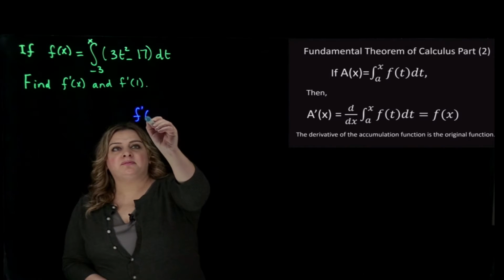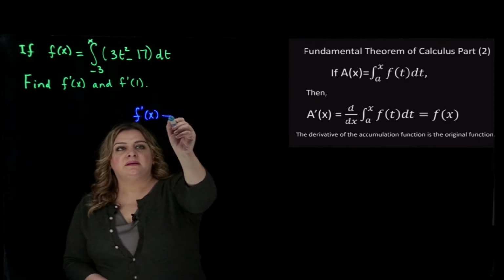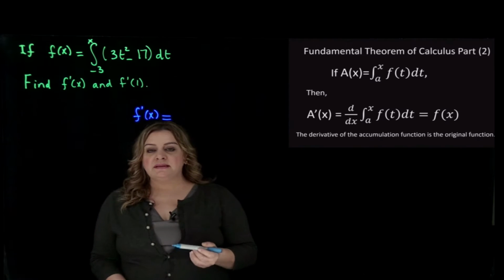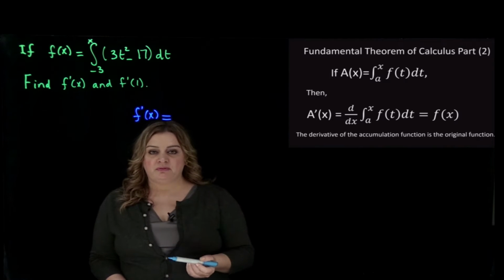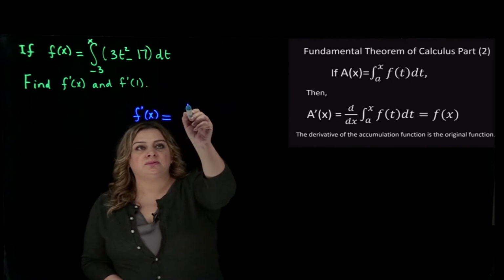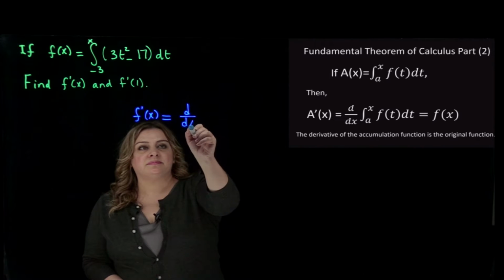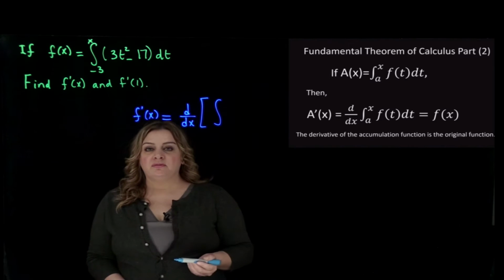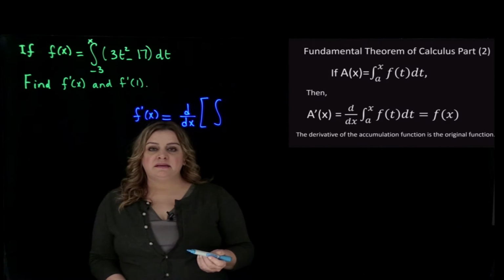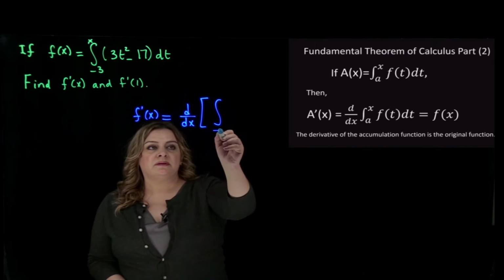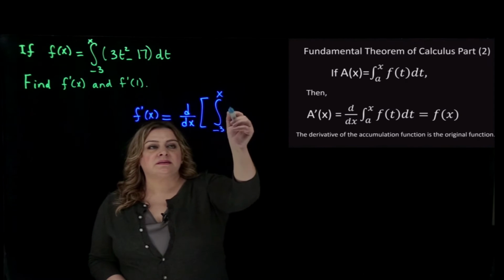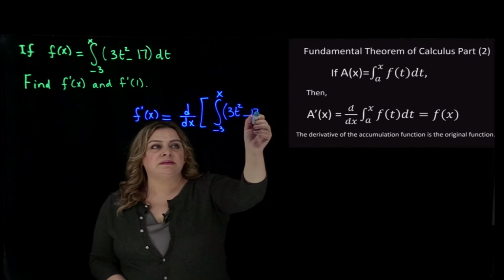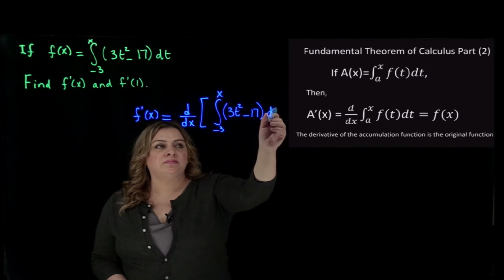So F prime of x, in this case it is A prime of x, is equal to d/dx of the integral from a to x. A here is negative 3, to x of 3t squared minus 17 dt.